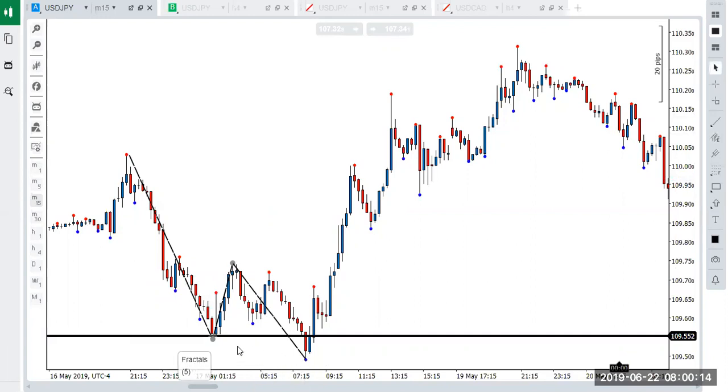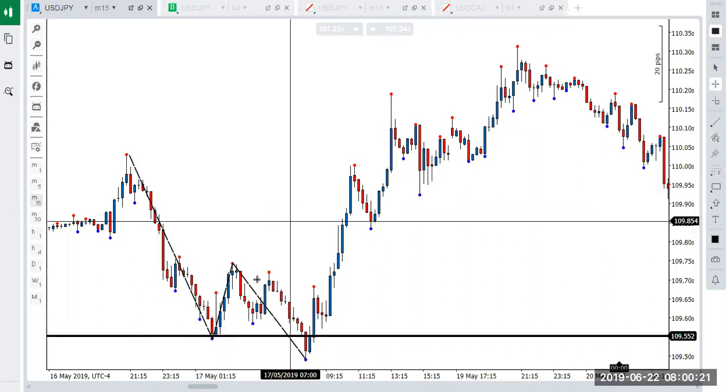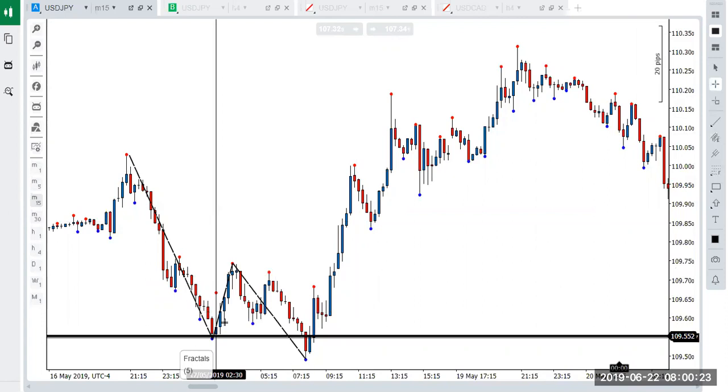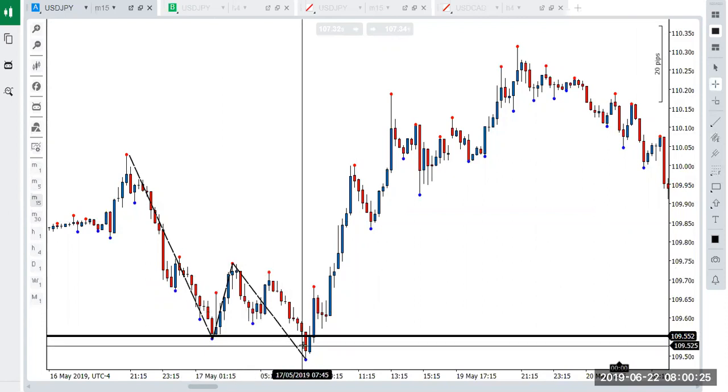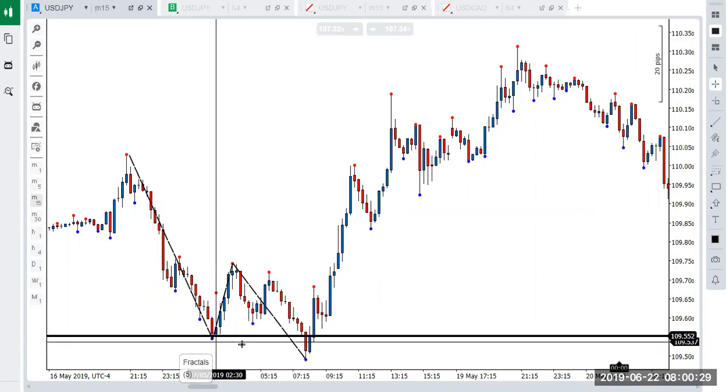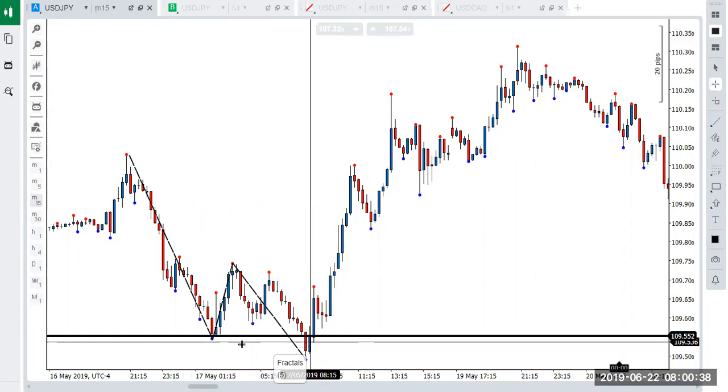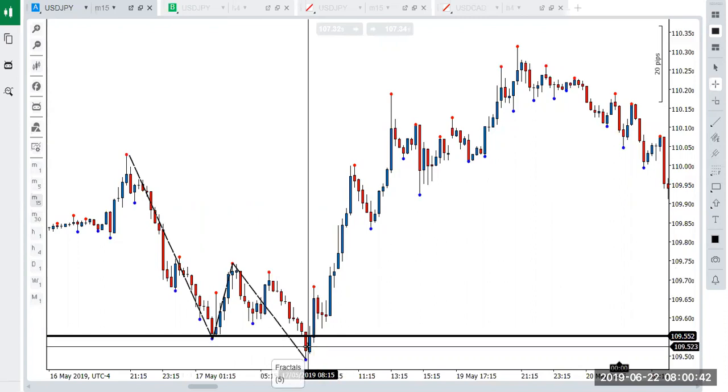So what we were waiting for is, you see the bullish bar at the low there in the bullish pattern? We're waiting for the price to close back above here, okay? And that's what we traded, price closes back above. You see the low here was at 109.55, and this closed at 109.54, so it really wasn't ready as yet.